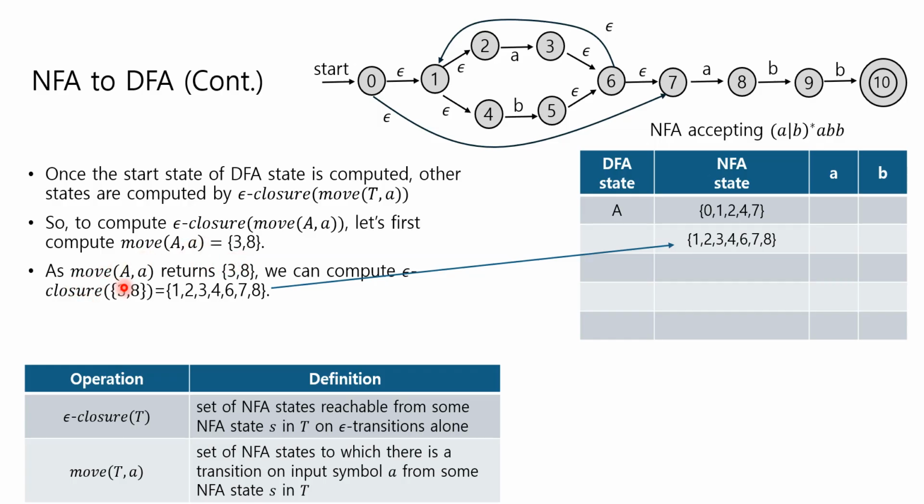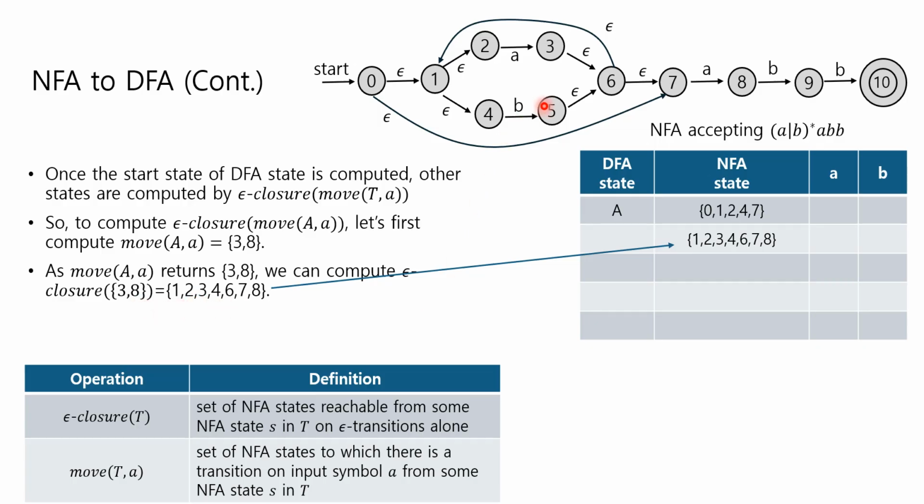And as move of (A, a) returns {3, 8}, we can compute epsilon closure of {3, 8}, which is going to give us 1, 2, 3, 4, 6, 7, 8, because for epsilon closure of T, we compute the epsilon closure of 3 and the epsilon closure of 8.